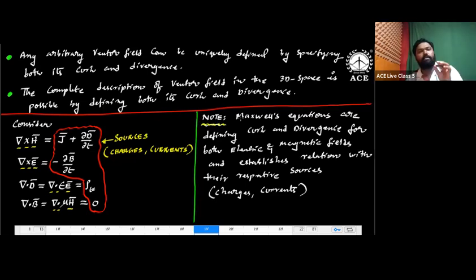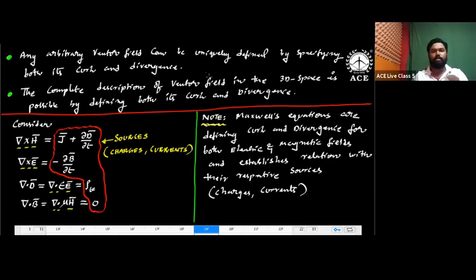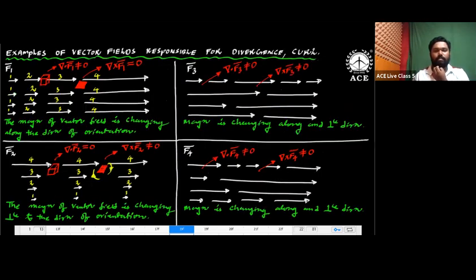So the complete information of electric and magnetic fields exists inside the curl and divergence, isn't it? So how the vector field is changing in the three-dimensional space can be obtained by defining both its curl as well as divergence. This is all about the curl and divergence.